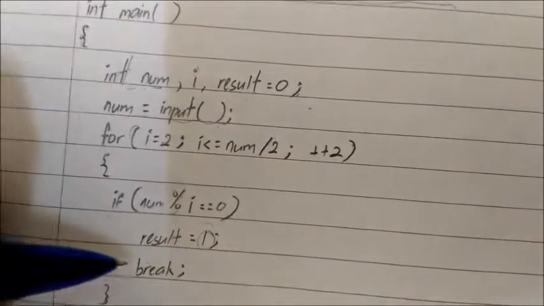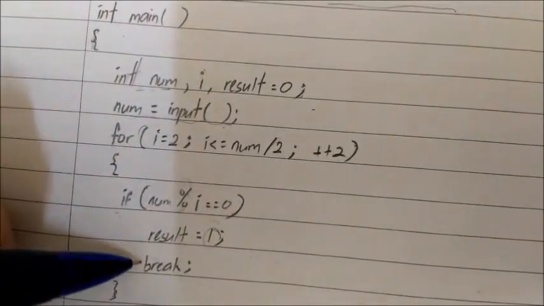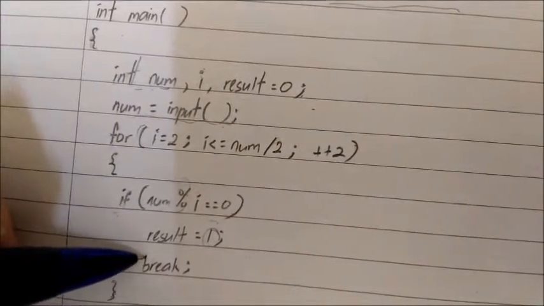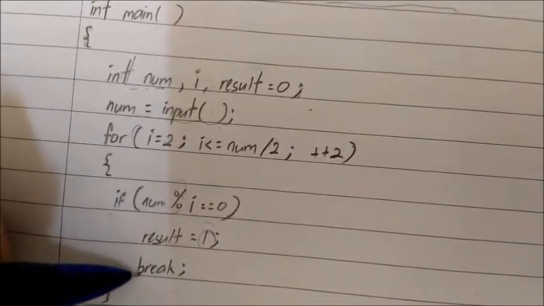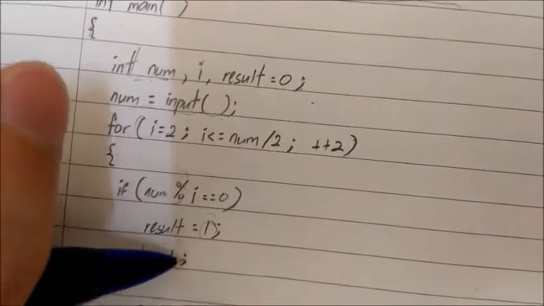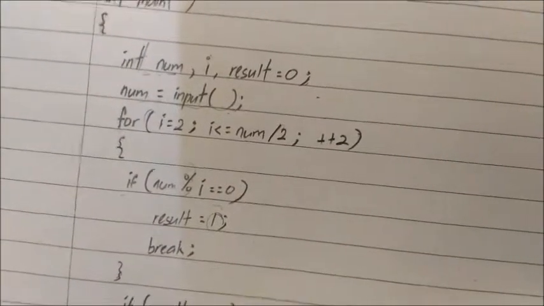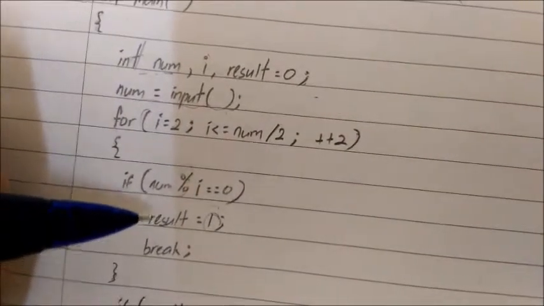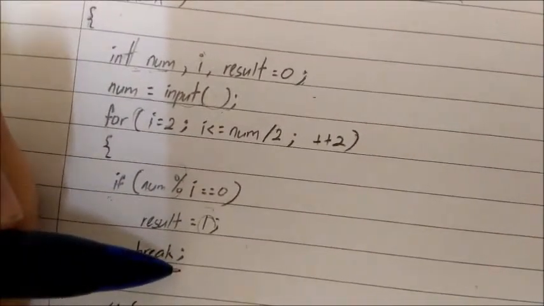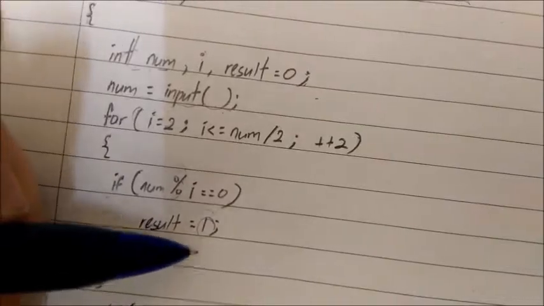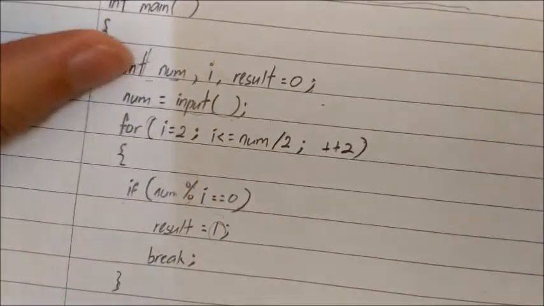And after this, we need to type a break here. Break is used for terminating the loop if the number is equal to 1.